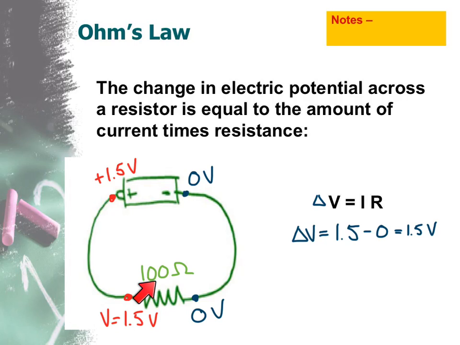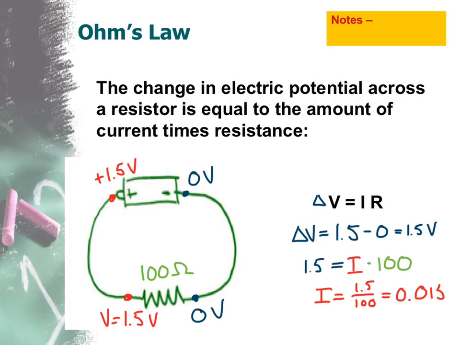So let's say we have a resistor whose resistance is 100 ohms. If I write the other side of Ohm's law, I have 1.5, the change in voltage across the resistor, equals current times 100. If I solve that for I, I get 0.015 amps.